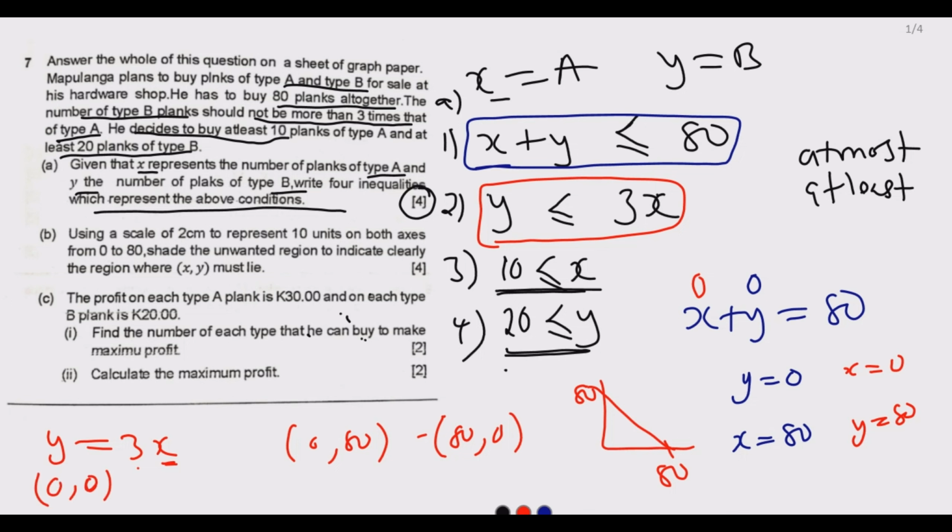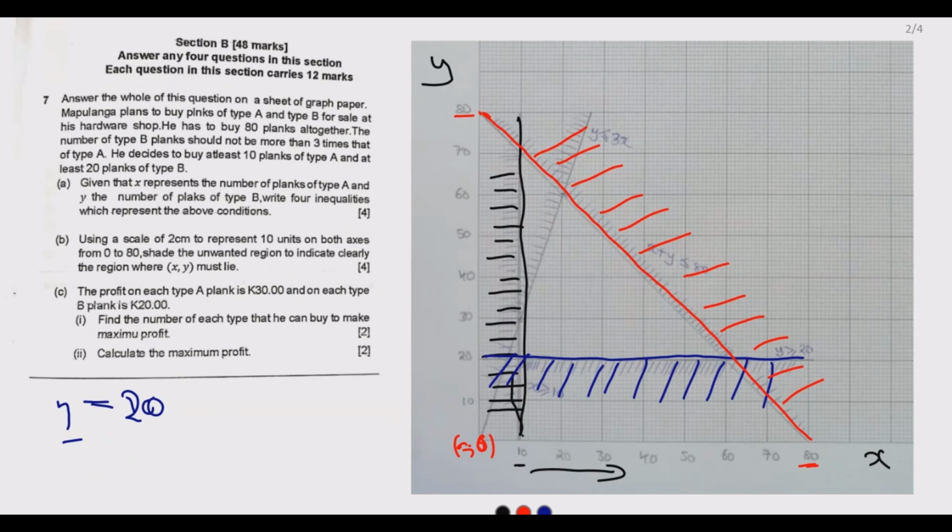Then let us say when x is equal to 10, what will be y? So we put 10 here, 10 times 3 is 30. So when x is equal to 10, y will be 30. Then lastly, when x is equal to say 20, y will be 3 times 20, which is 60. So we join these points to form a straight line. So when we join this line, we get this line.